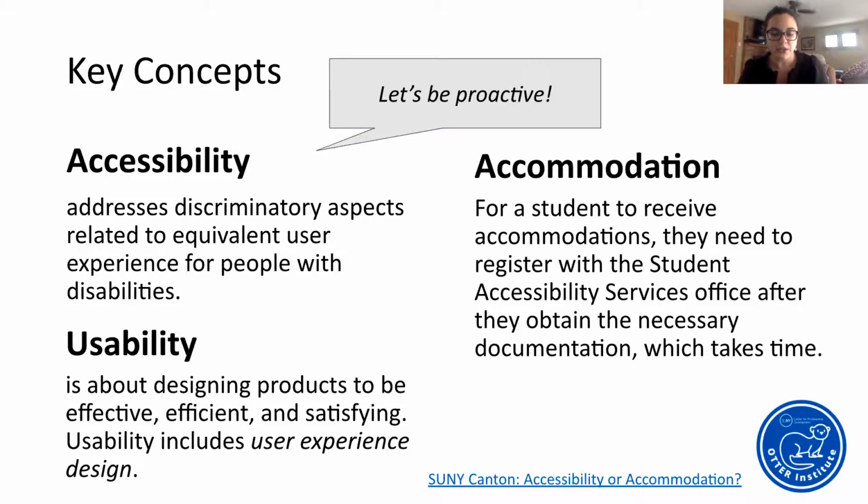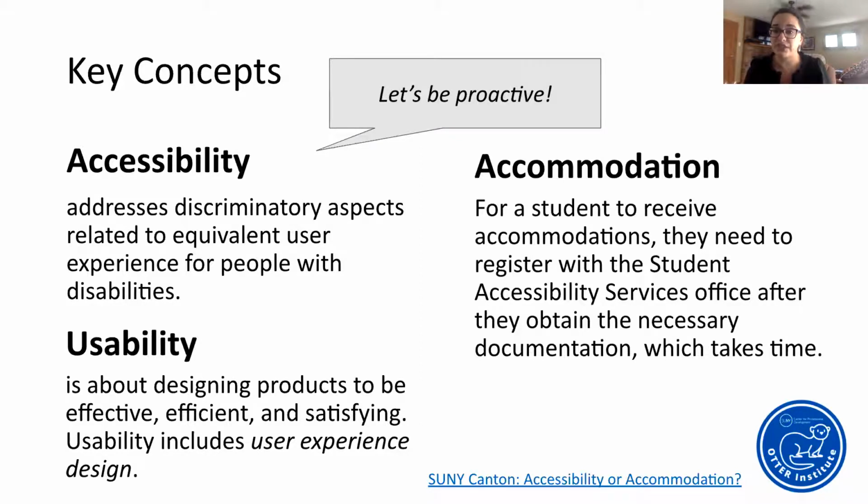And that's all good and fine, but we know there's a ton of students who don't disclose for whatever reason. The largest may be stigma. It could be financial, cultural, or attitudinal barriers to receiving documentation. They could not know that they have a disability. A lot of the executive functioning in your students is developing.